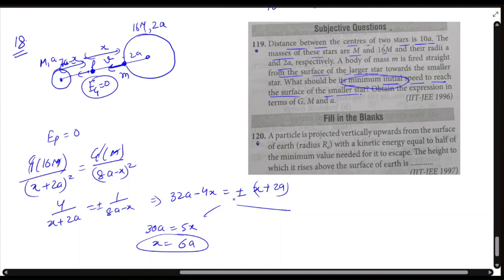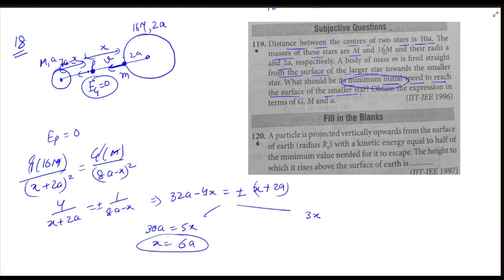Now if we take minus, then here will be 3x, this is minus, here will be plus, so it will be 34a equal to this. So x will turn out to be 11 point something. Look, x cannot be greater than this, so this is not our option because the point should be in the middle. So x equal to 6a will be correct.